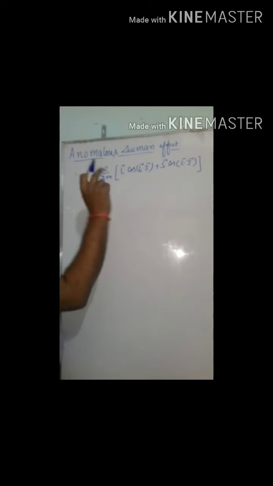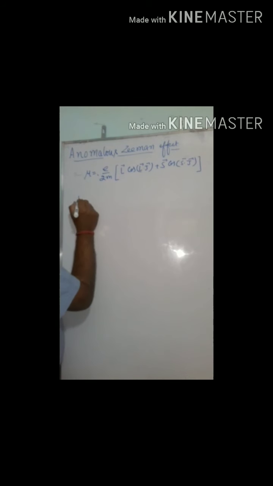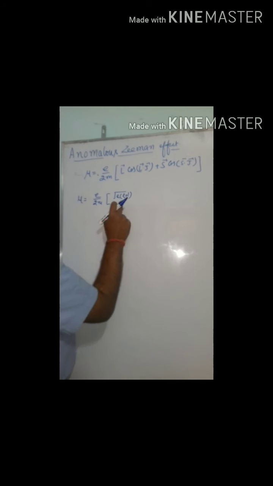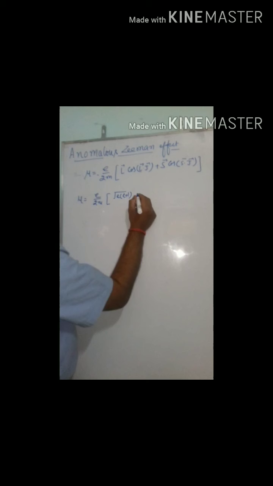Mu comes out to be e upon 2m, L cos LJ plus 2S cos SJ. Now using the triangular law, we can write mu is equal to e upon 2m into L, where L is the square root of L into L plus 1, times cos of LJ.